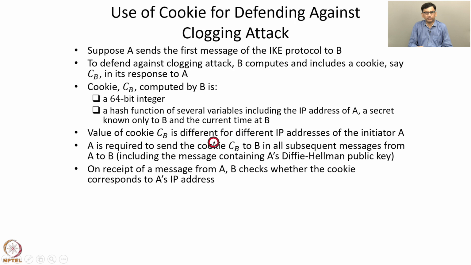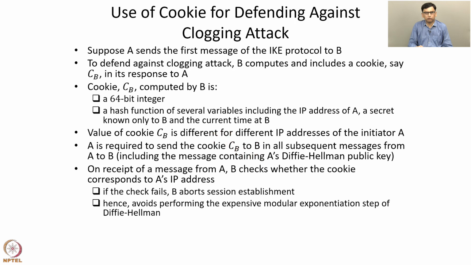On receipt of a message from A, B checks whether the cookie corresponds to A's IP address. If the check fails, then B aborts the session establishment. So hence, B avoids performing the expensive modular exponentiation step of Diffie-Hellman. In this way, we can prevent an intruder from forcing the victim B to perform modular exponentiation, which is expensive.